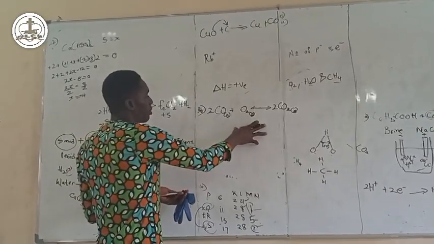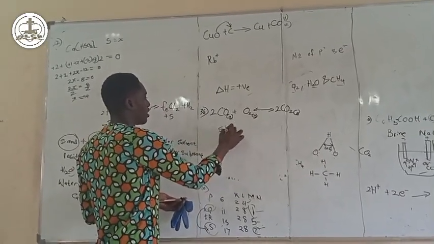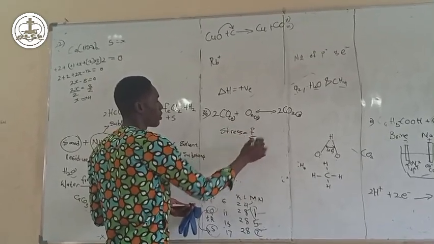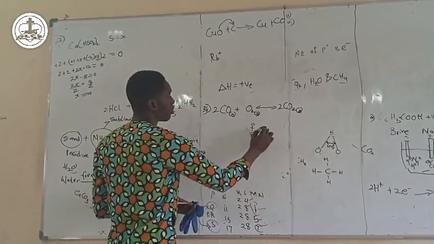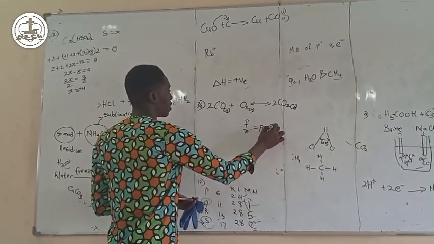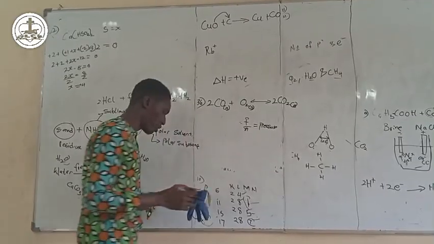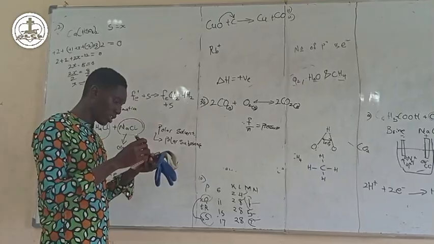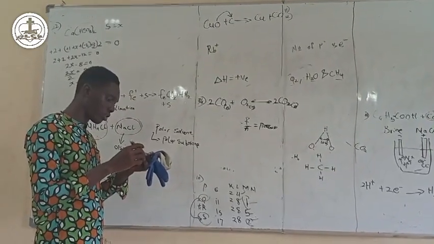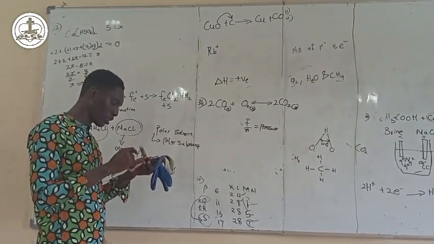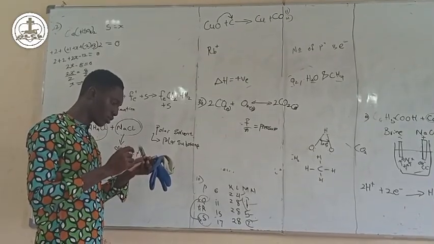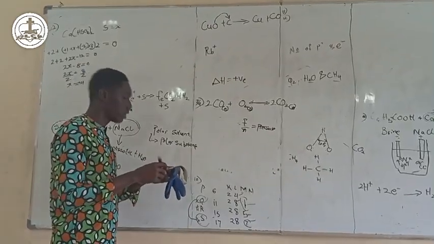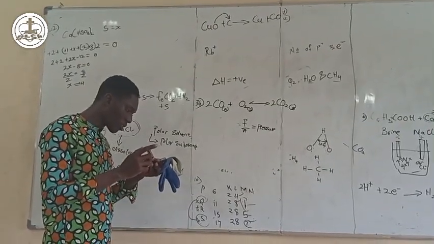So a stress is applied, and stress is force per unit area, and this is also pressure. If pressure is applied to this system, there will be a change in A, the reactants only, B, products only, C, both reactants and products, D, neither reactants nor products.